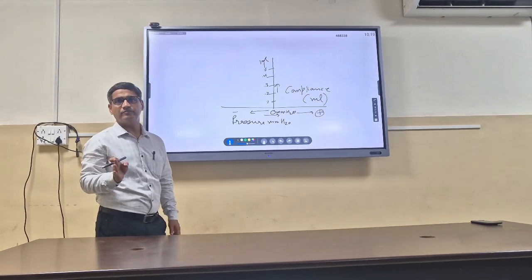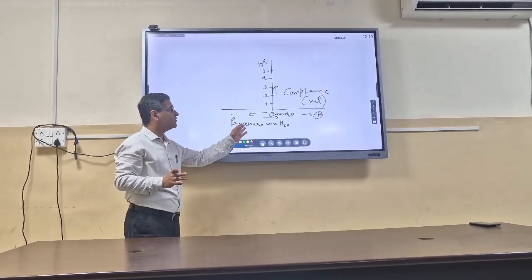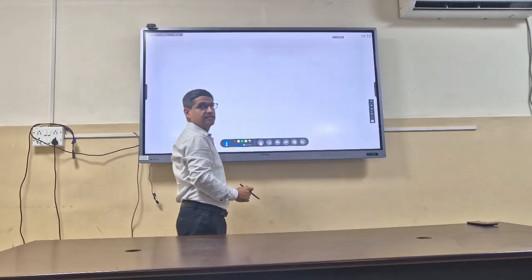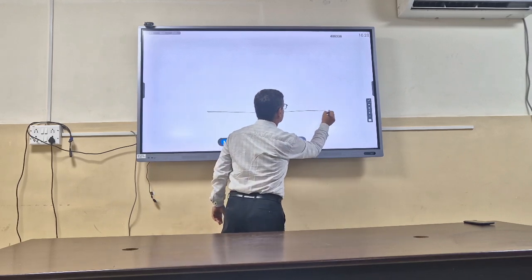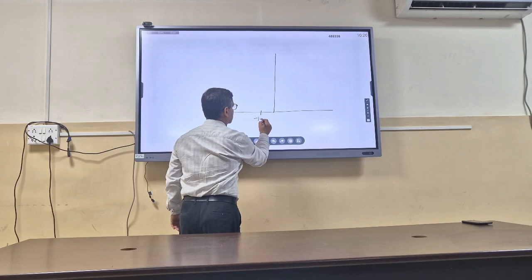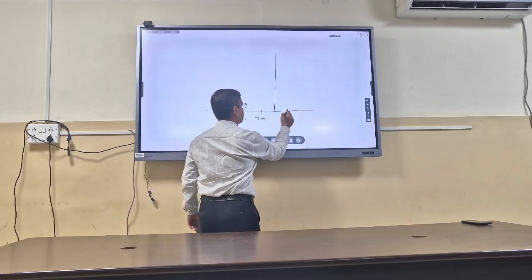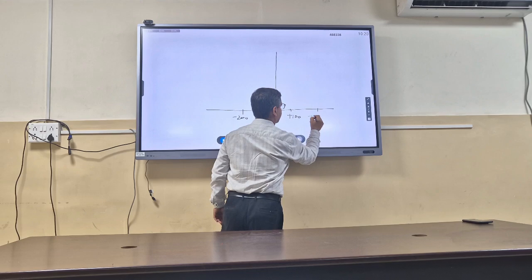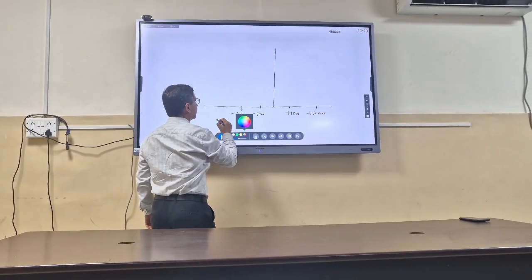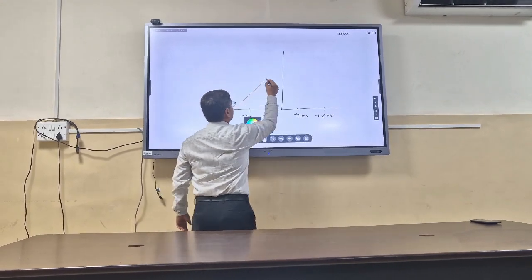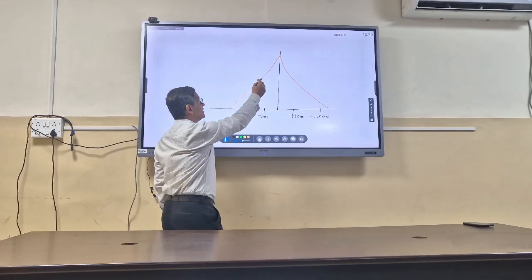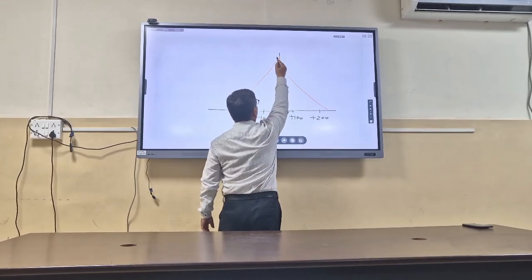Any questions? So this graph of compliance versus pressure, we will see what are the different types of graphs that we get. We consider that this is the normal compliance.